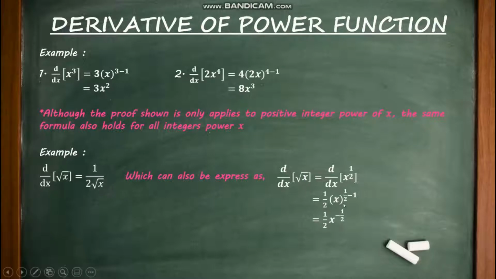Where we use the same rule, we bring this 1 over 2 to the front, and we subtract 1, which we will get 1 over 2 x to the power of negative 1 over 2.